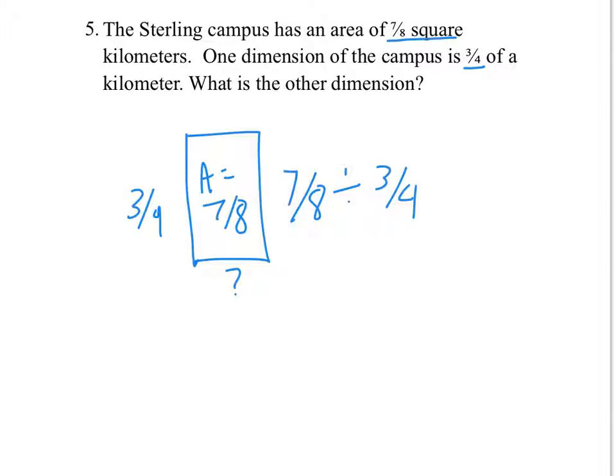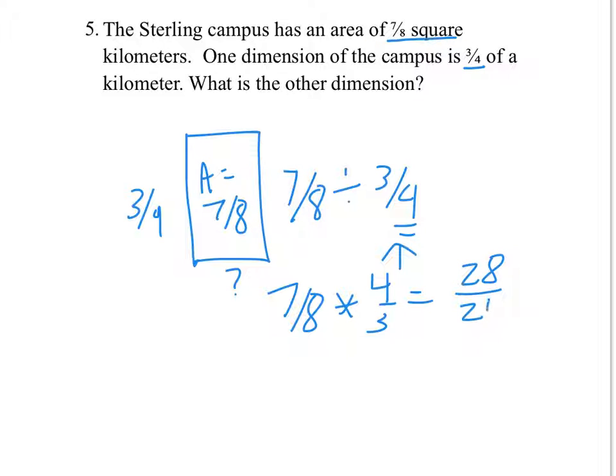Okay, and we've learned that division by a fraction is like multiplication by the reciprocal. So that's the same as 7/8 times 4/3. Okay, and so we can do that. So 7 times 4 is 28. 8 times 3 is 24. So that equals 1 and 4/24, which equals 1 and 1/6.